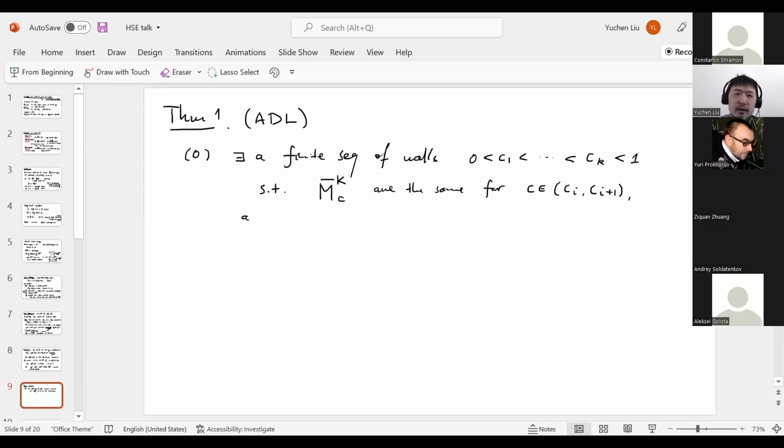And then if you change the coefficient from one interval to the nearby one, which we call wall crossing, there are these directional morphisms. C_i minus epsilon maps down to C_i, and then it maps from C_i plus epsilon.